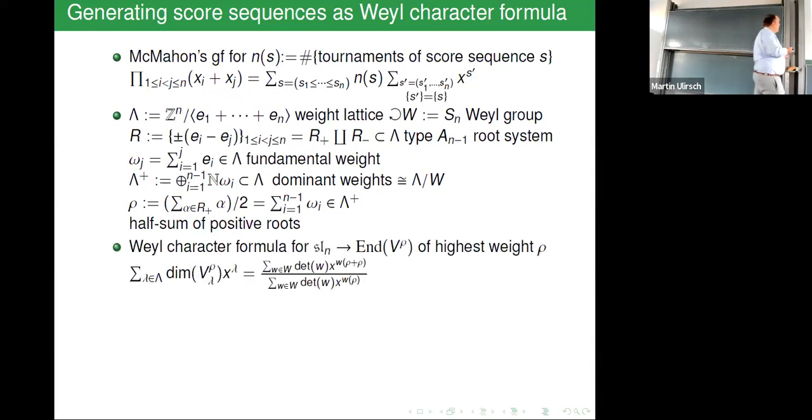And I will show you that tournaments are intimately related to this particular highest weight representation. In this case, like for SL_n, there is always going to be an irreducible highest weight representation for a particular dominant weight. So we just pick this rho, and then we write down the Weyl character formula for the generating function of the weights appearing in the representation. You have the denominator and numerator.